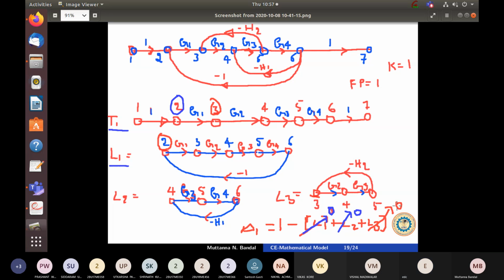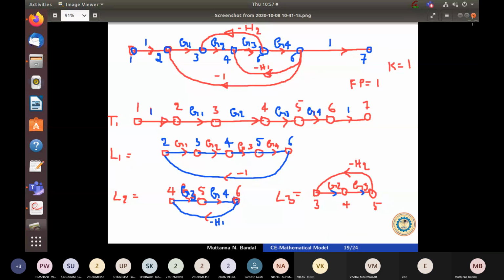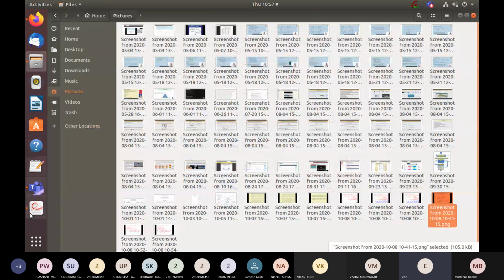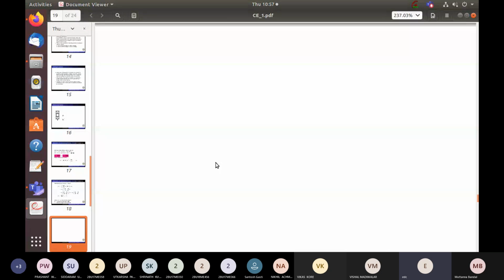Yes, sir. Okay, so I'll go back to this. Now you have to tell me the values. I have to calculate the transfer function, which is equal to T1 into delta 1 divided by delta.